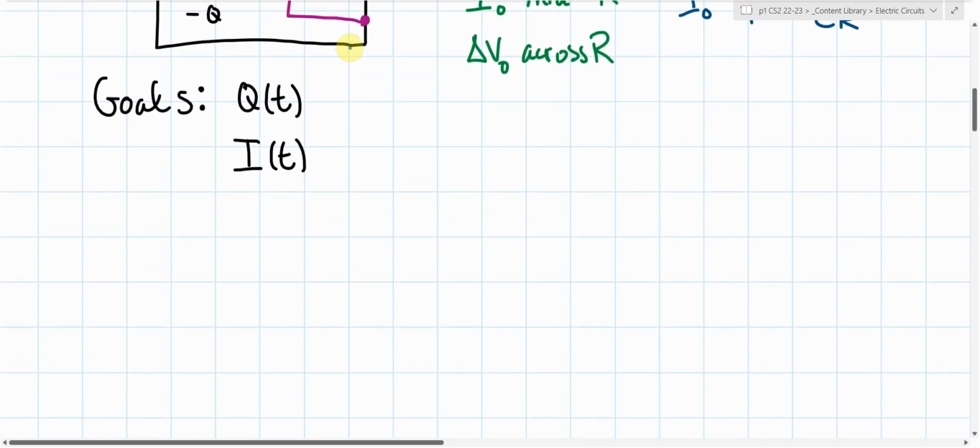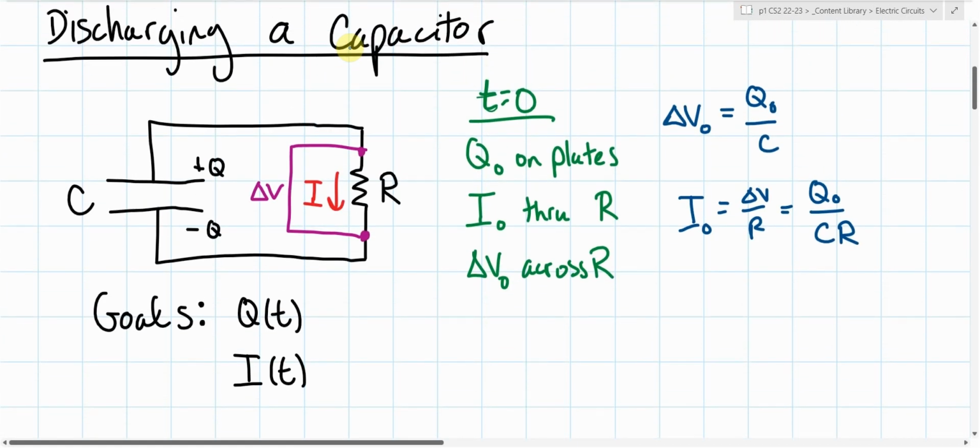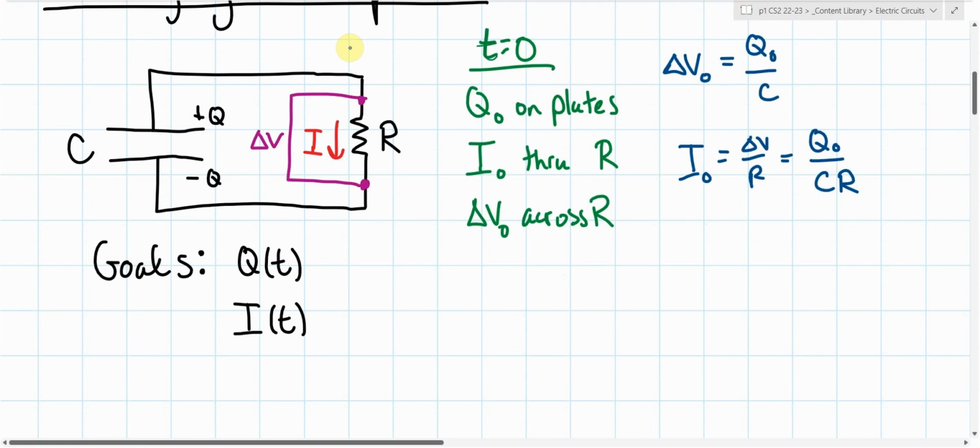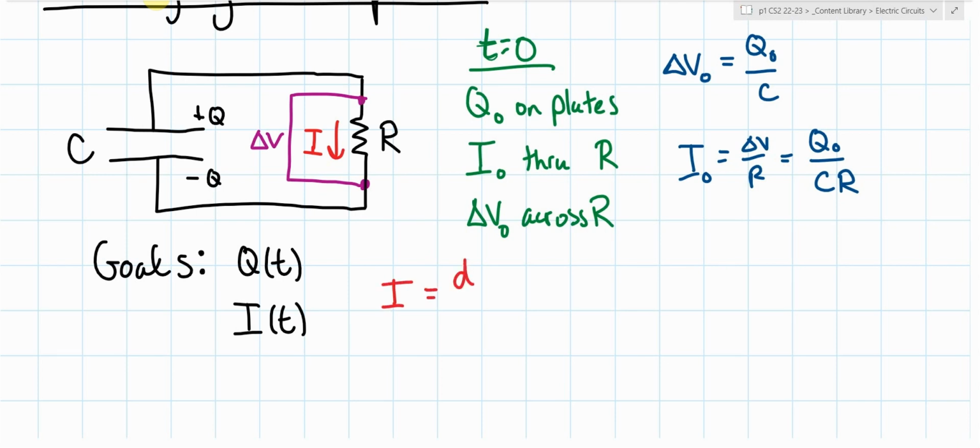So I want Q of t and I of t. Turns out if I can get one of them, that is Q of t, I can get both, because I already know something kind of cool. If I can somehow express the rate of change of charge on the capacitor, well, I know that in general, I is the rate of flow of charge through a specific point in a circuit.